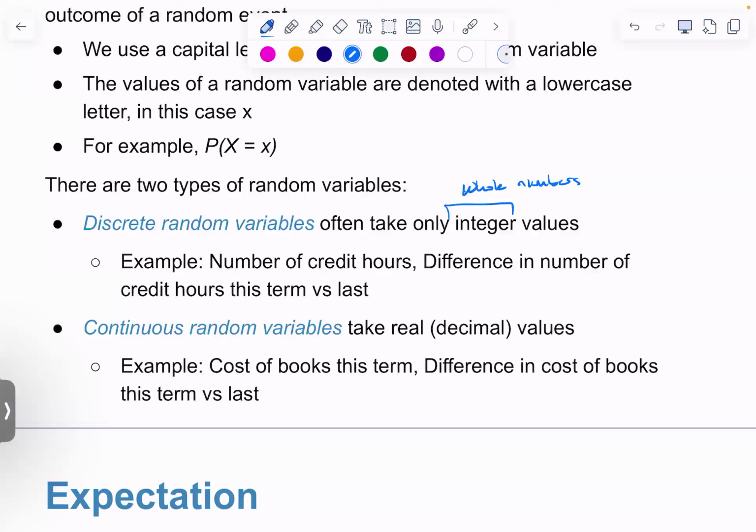For example, the difference in the number of credit hours this term versus last. It's some count, but in general, it's some whole number.